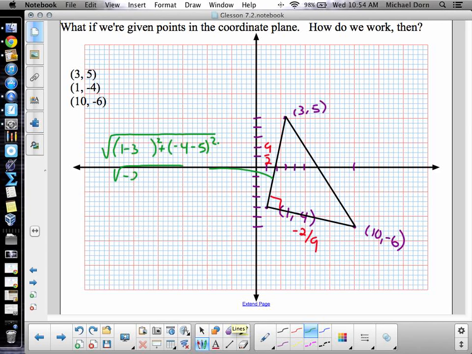So negative 2 squared plus negative 9 squared, so that's 4 plus 81, so square root of 85 for this side. Okay? And then we'd have to do that for all 3 sides and then set up our Pythagorean theorem.